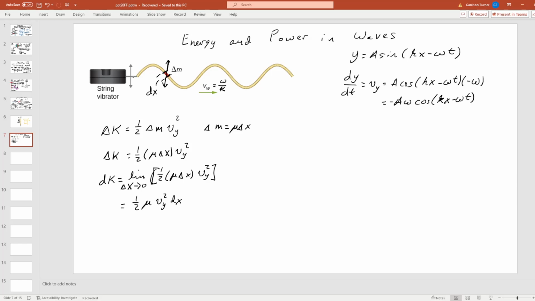What we're going to do is look at one wavelength of the wave, and integrate this expression over that wavelength to get the total kinetic energy in that segment of the wave.